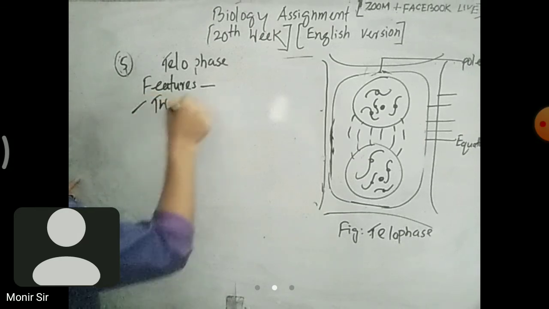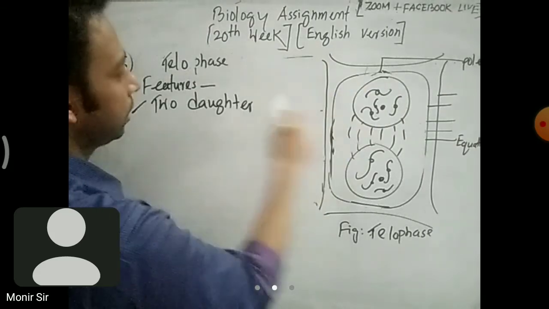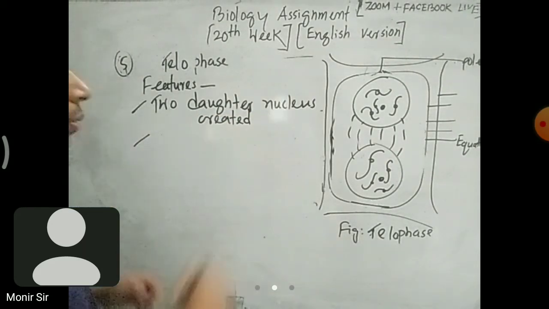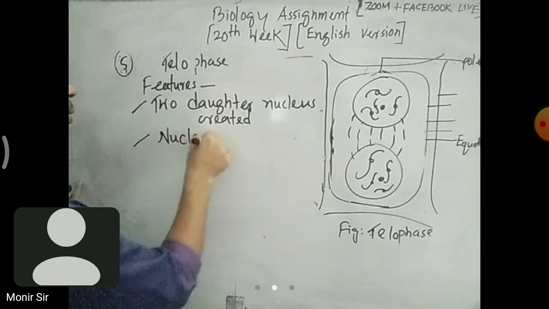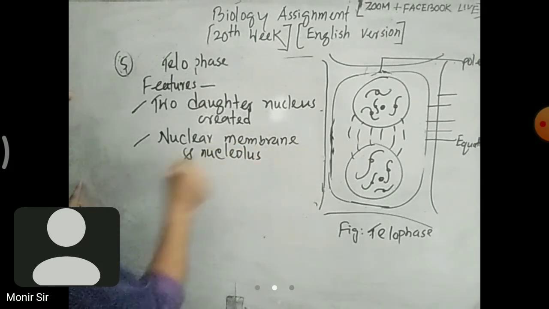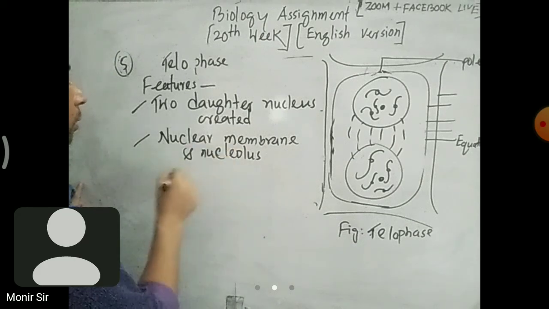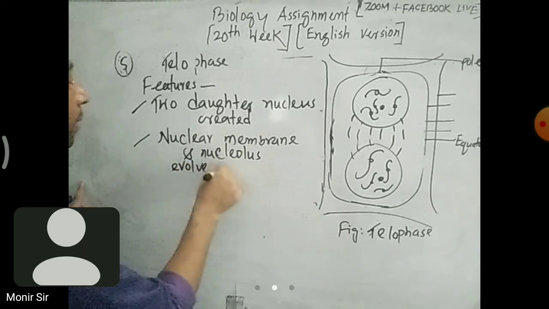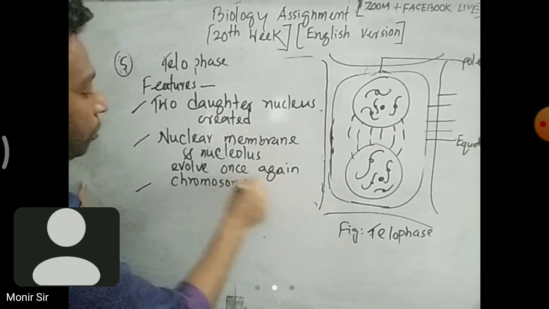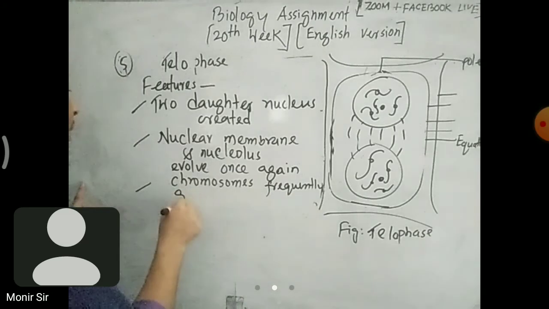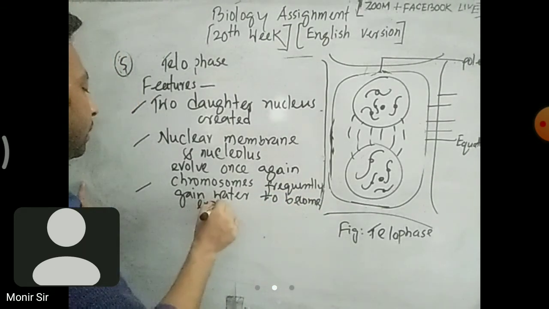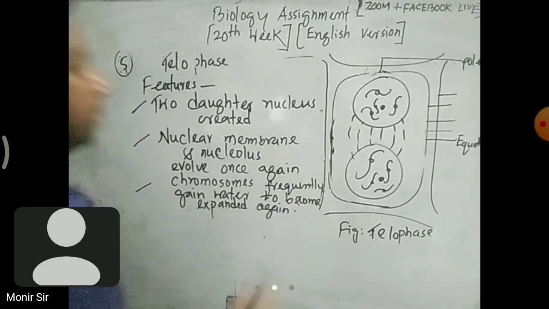So two daughter nuclei, not cells actually, daughter nuclei are created in this stage, and then we will write there nuclear membrane and nucleolus evolve once again, and chromosomes frequently gain water to become expanded again.